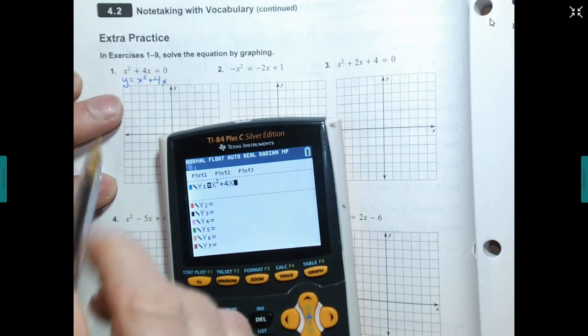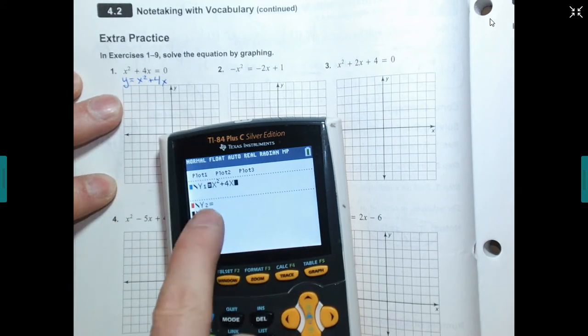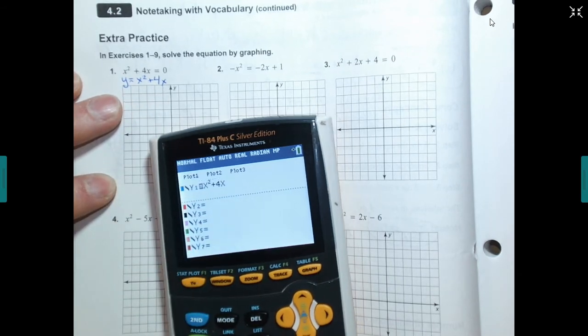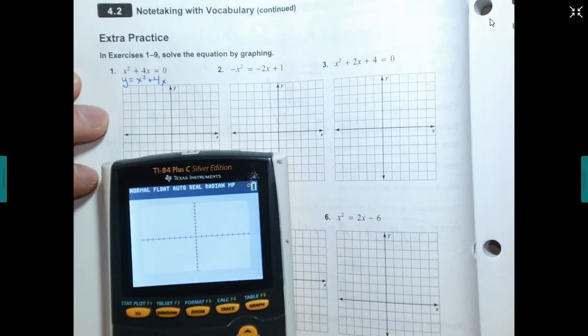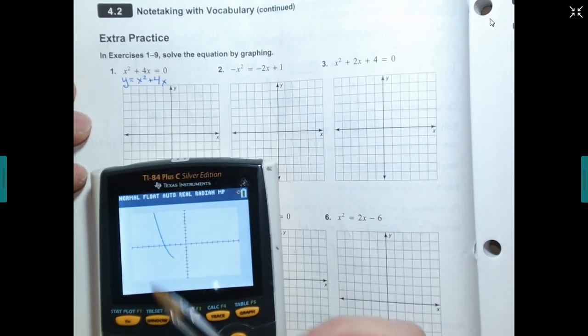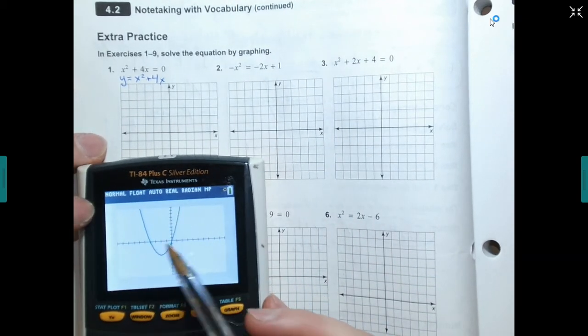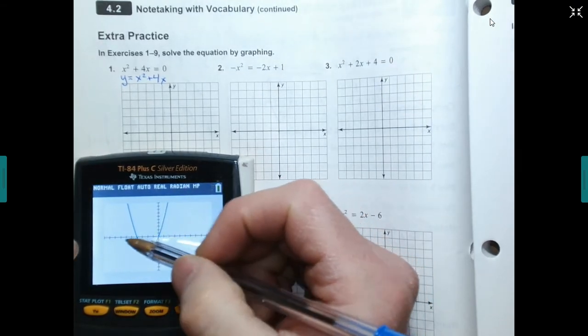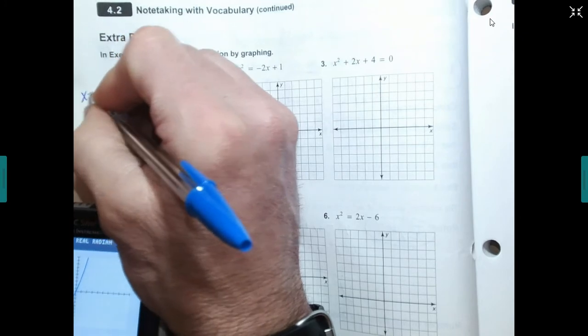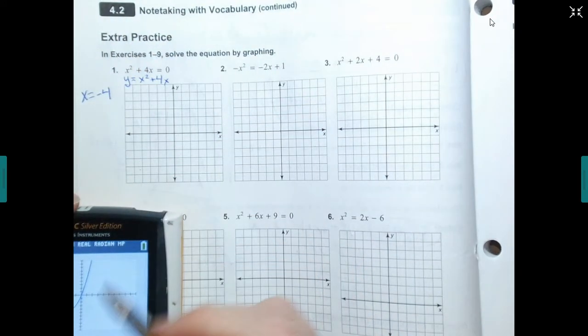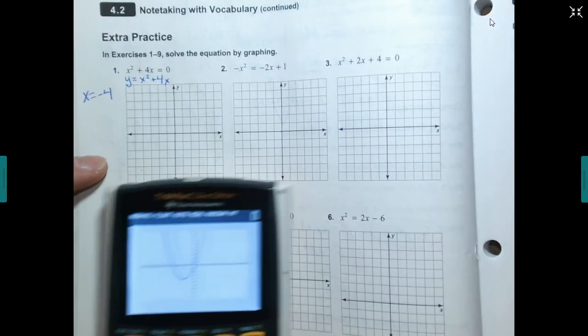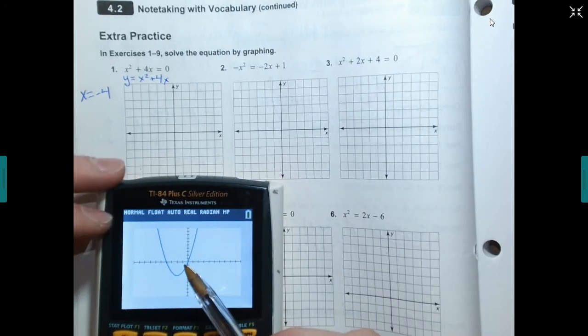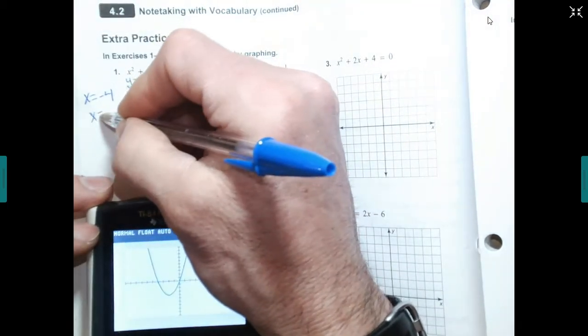So write it out, put it in your calculator, graph it, or Desmos calculator, that's fine. Either one works for me. And then you're going to write your zeros. So here's your zeros. I have -1, 2, 3, 4. So I have x equals -4, and 0. x equals 0.